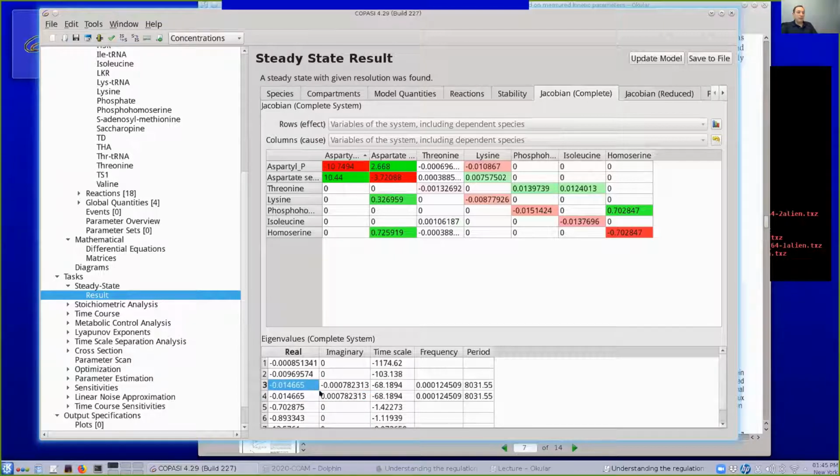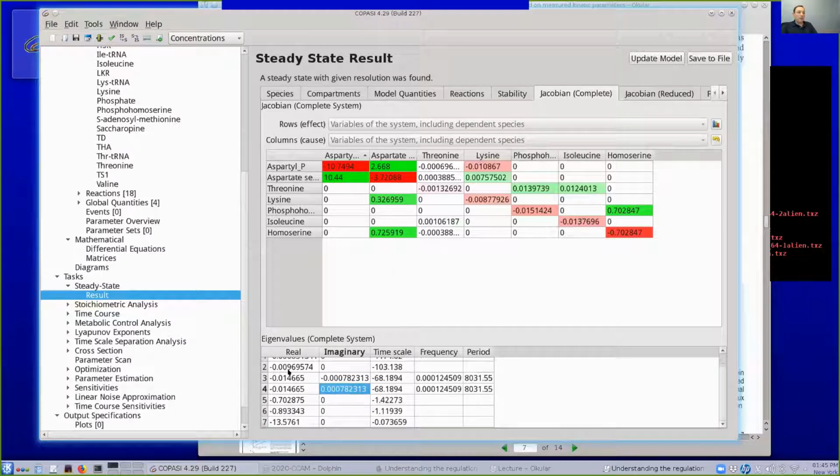They have the same real part and they have just symmetric values for the imaginary part. And that's how COPASI knows that because of the existence of these two eigenvalues, there are some oscillations. They probably are very damped. It depends a lot on the sign of the imaginary part, and this one is pretty small. So it's probably just one bump, like an oscillation that has very, very high damping.